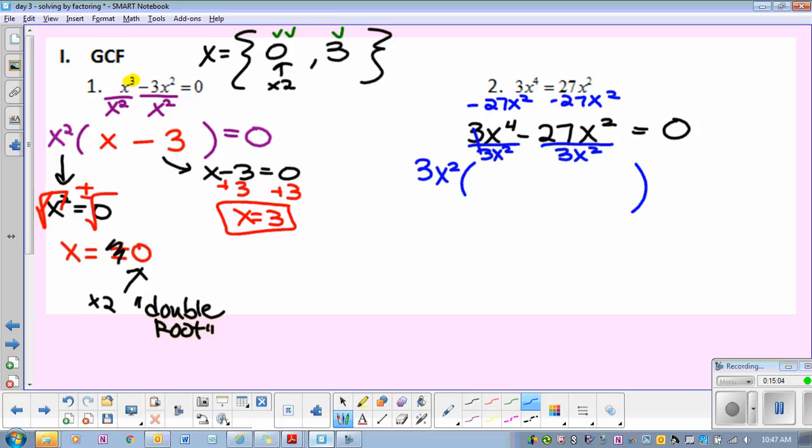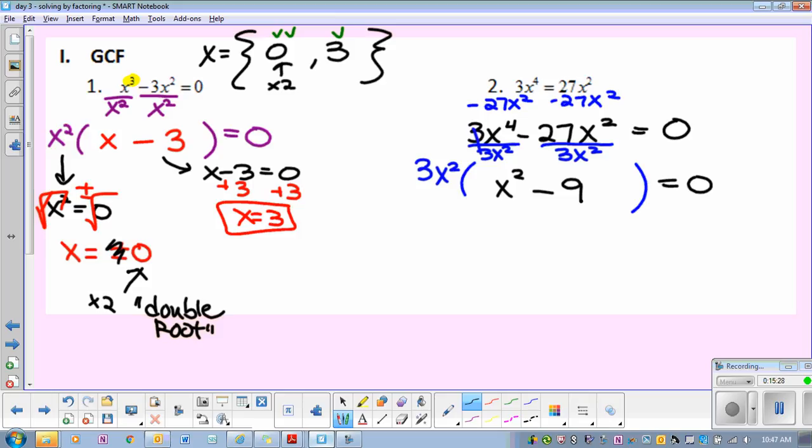If I have x to the 4th on the top and x squared on the bottom, how many are left? x squared minus what? What's 27x squared divided by 3x squared? 9. That equals 0.